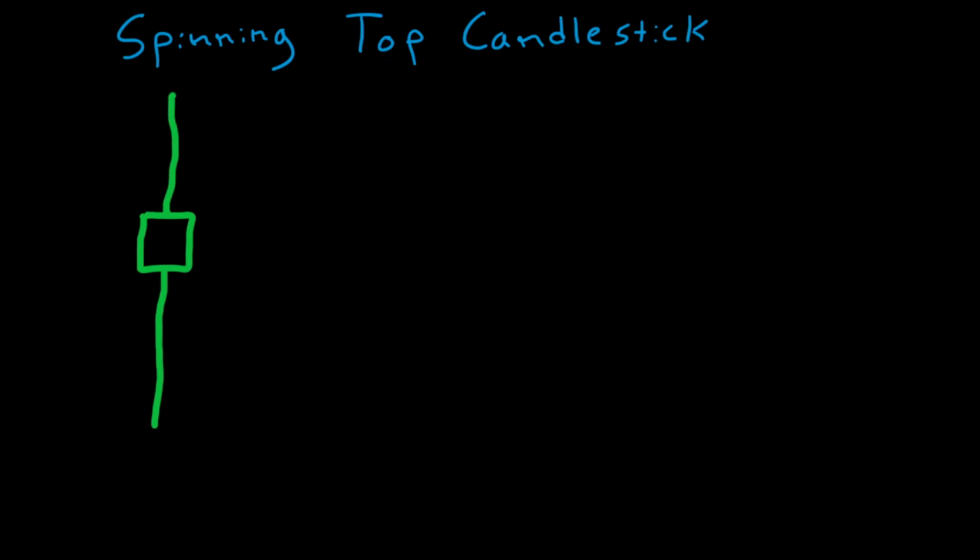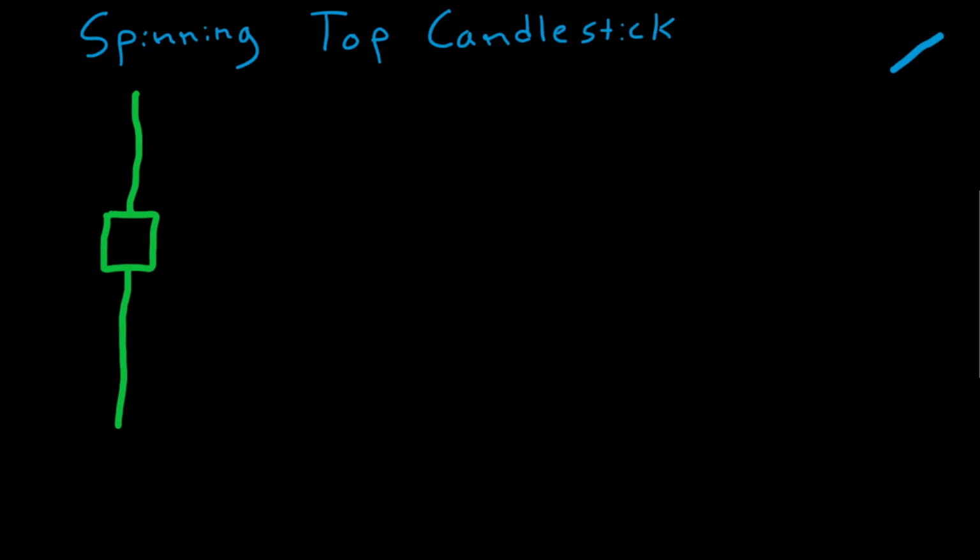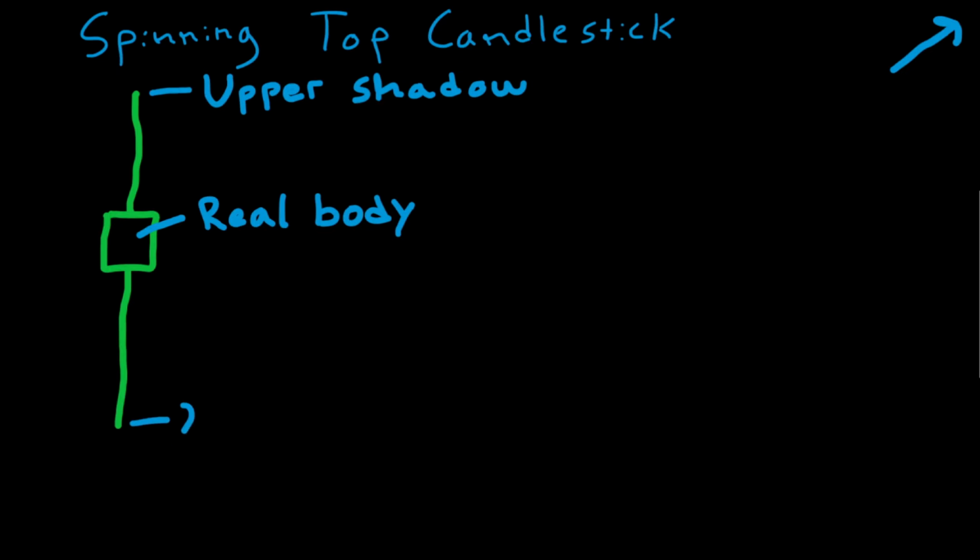As you remember from a previous video, which I will link up in the corner in the i if you want to learn more about the names I'm going to use in this video, this large rectangle in the middle is what we call the real body. So this is the real body. And here we have the upper shadow, and here we have the lower shadow.